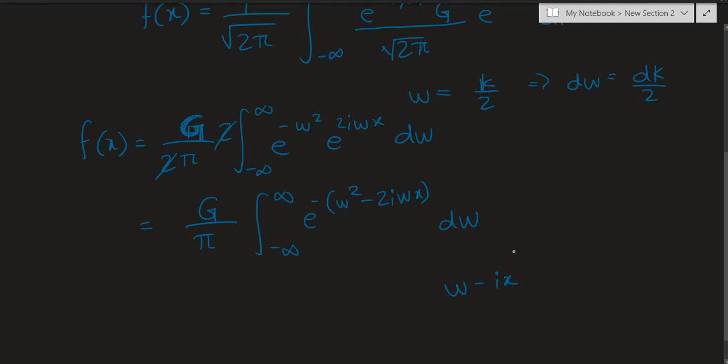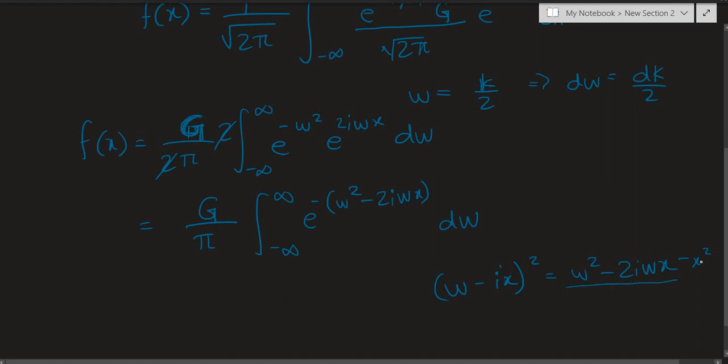So we have negative ix squared. So w squared minus 2iwx plus ix, the whole thing squared. So i squared is -1, so negative x squared. To equal this term, we have to add x squared to this expression. So w minus ix squared plus x squared is nothing but w squared minus 2iwx. And 2iwx is basically what we have inside the negative here.